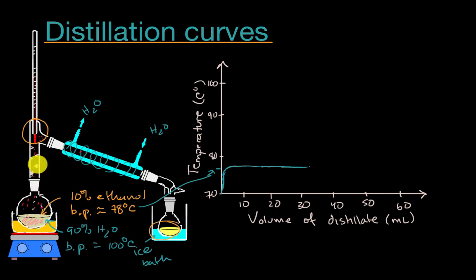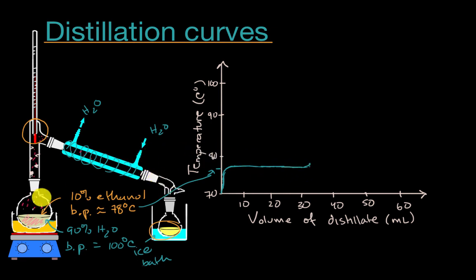And then once a lot of that ethanol has left our solution and has vaporized, it's now been condensed as distillate, you can imagine you keep having to turn up the temperature on our hot plate, because as the ethanol vaporizes out of it, the boiling point of the solution is going to get closer and closer to the boiling point of water. But the temperature up here isn't going to get a lot higher than the boiling point of ethanol, because those hot ethanol vapors are all being released into this condensation chamber and then being cooled down.